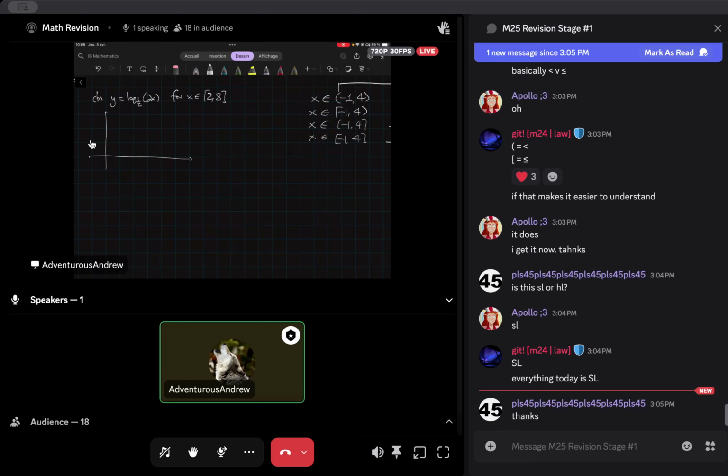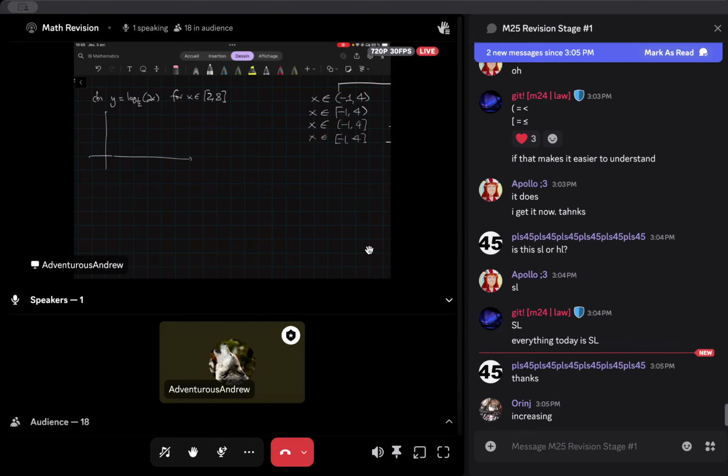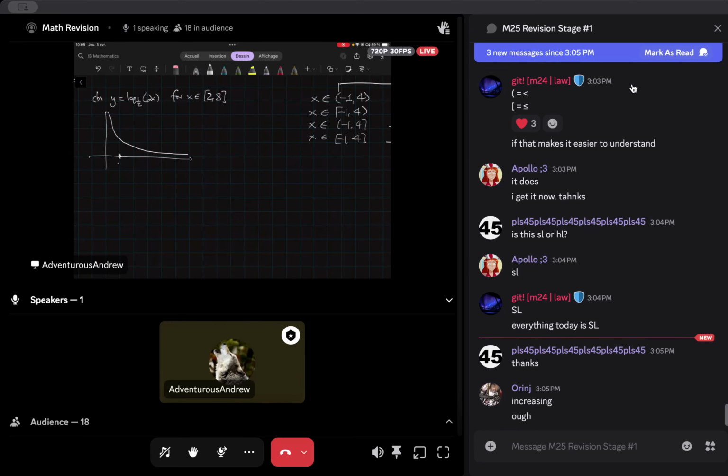As x increases, your function should be decreasing. So your curve will actually look something like this. That means that the minimum value is actually at 8, and the maximum is at 2.